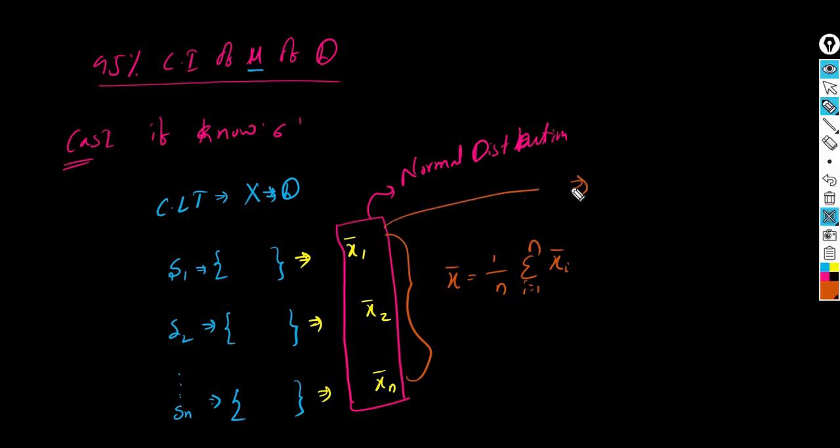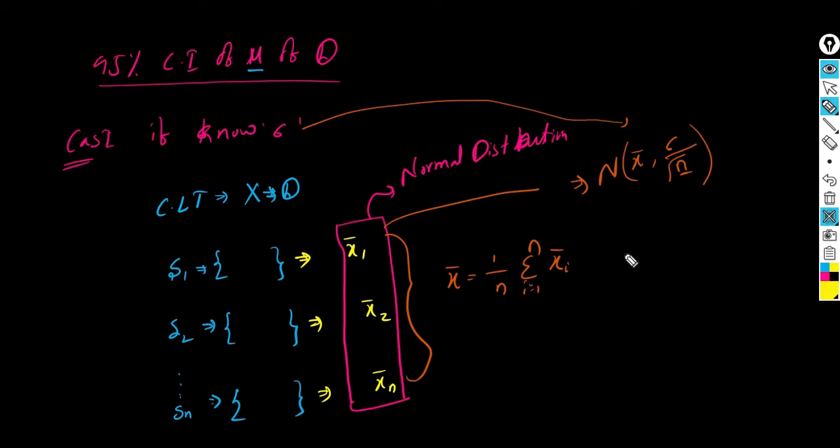This data is a normal distribution with x bar as the mean, and the standard deviation is the population standard deviation sigma divided by root n, where n represents the number of subsets we consider. The more subsets we consider, the closer the mean value is to the population mean.